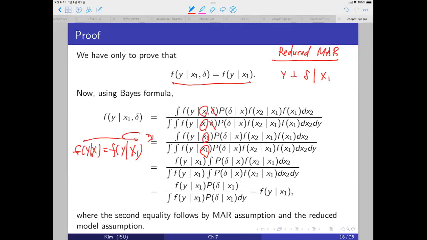So this is basically the definition. This one uses MAR first to get rid of the delta, and then the reduced model assumption to get this one. And then this one is just moving this outside the integration.